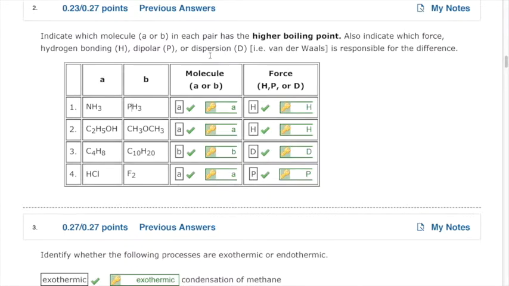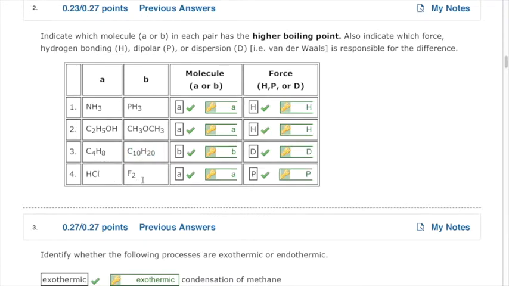But all molecules have dispersion force. And as molecules get larger, as is the case with C10H20, their dispersion force grows. So B has a higher boiling point because it will have a stronger dispersion force. So dispersion is the force that makes the difference here.